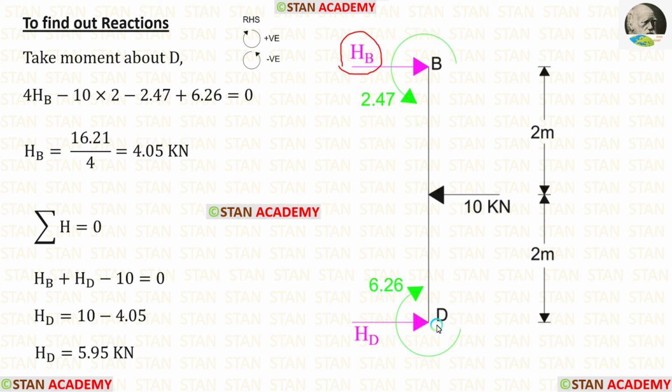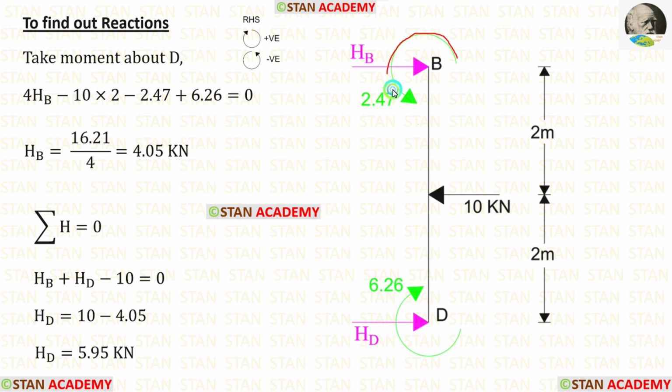In this span, first I am going to find out HB. For that, I am going to take moment about D. HB is acting in the clockwise direction, so it will be positive and the distance is 4 meter, so 4 HB. The 10 kilonewton point load is acting in the anti-clockwise direction, so it will be negative and the distance is 2 meter.